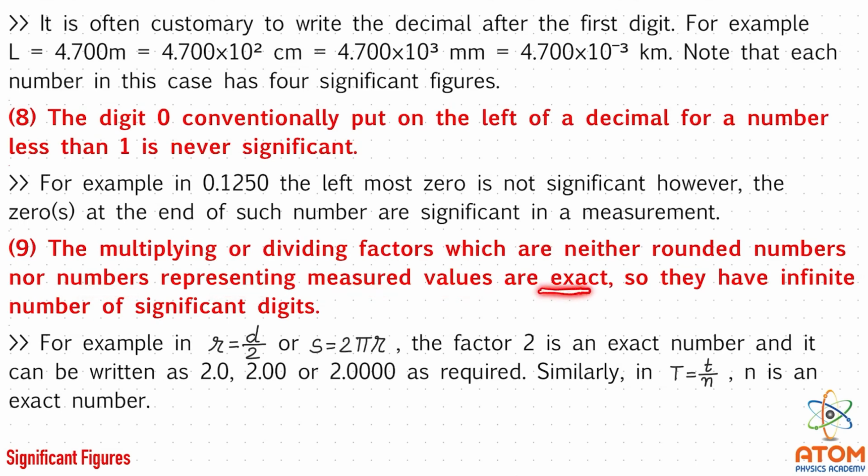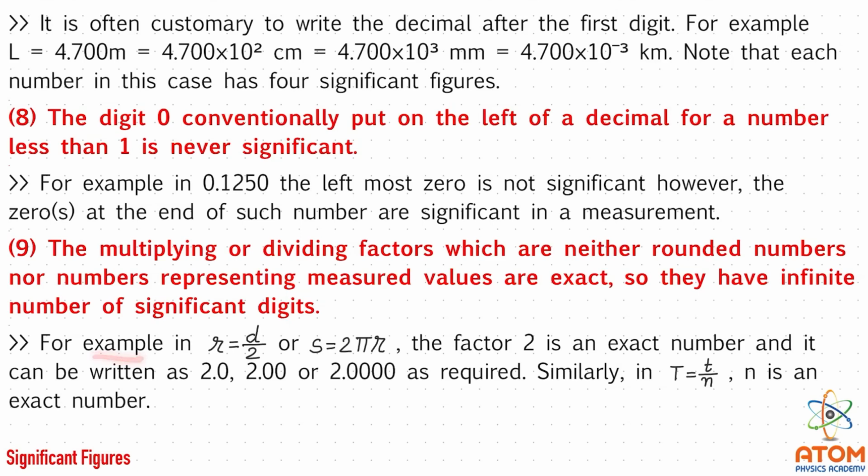If there are any numbers in multiplication or division which are not any rounded number or which are not representing any measurement, then they are a fixed number. And if they are an exact number, they have infinite number of significant digits. They are considered to be having infinite number of significant digits.